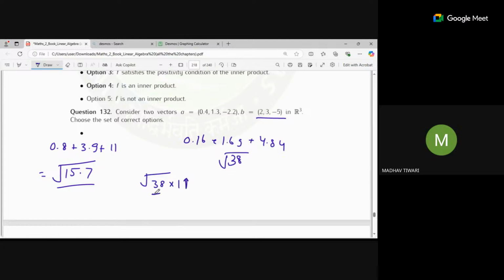So 38 will be increased in value, so its square root will be greater than this part. Whatever the 38 is, this is some value greater than 1. If I multiply it with 38, the value I get will be more than 38. So between its square root and the square root of 15.7, which one will be greater? This one, the square root of 38.